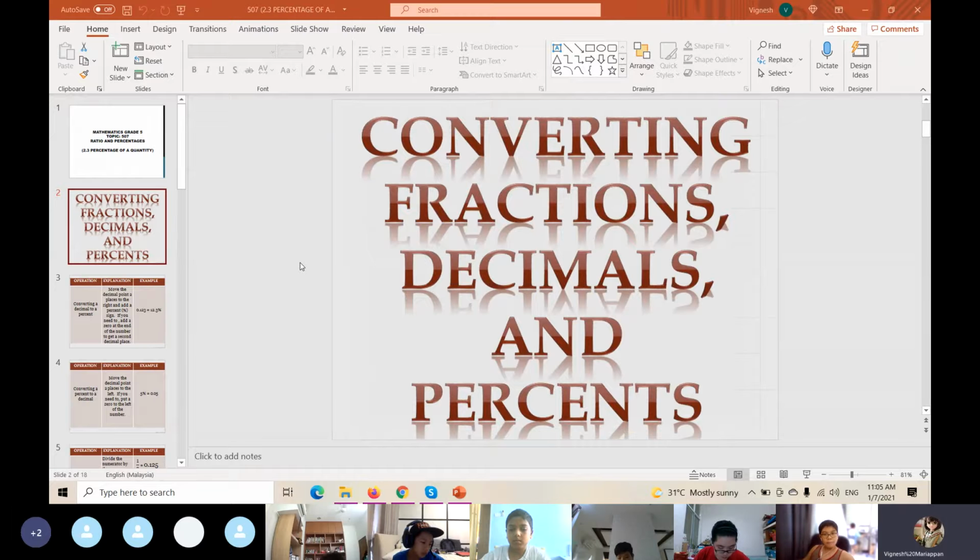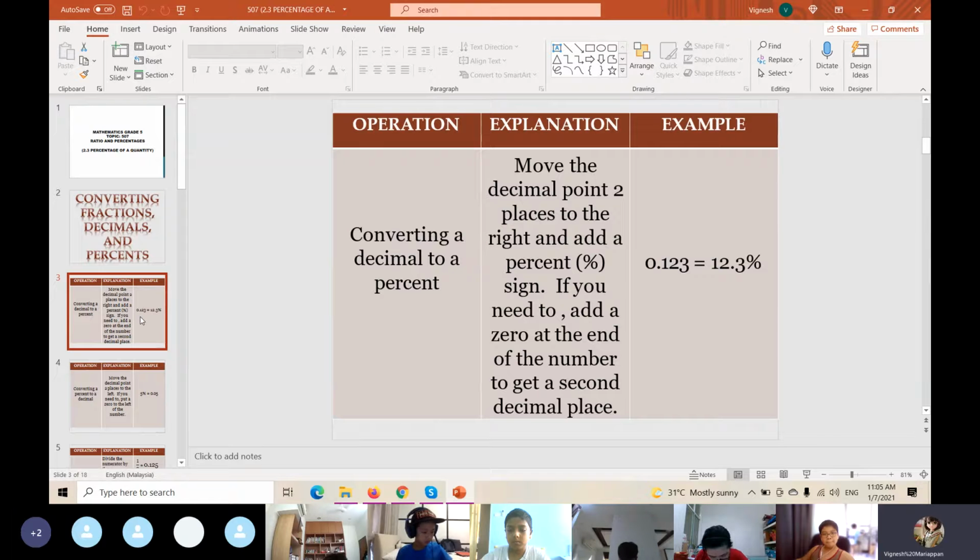Who still remembers everything? Me, teacher. Okay, but I still need to touch a little on the converting topics, because based on this we're going to find the quantity of the percentage. Okay, I'll roughly explain what we learned yesterday.